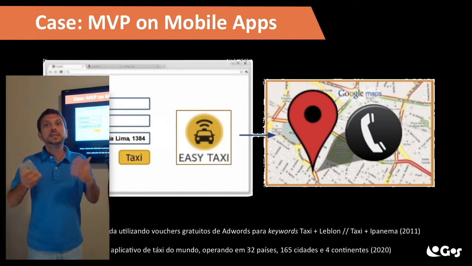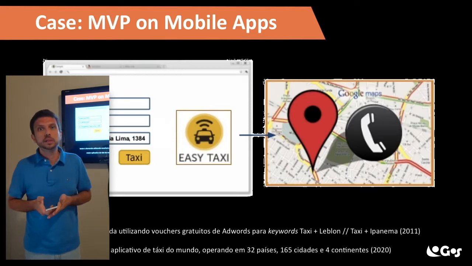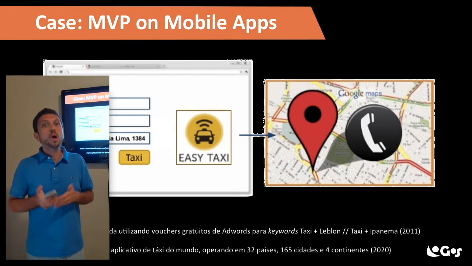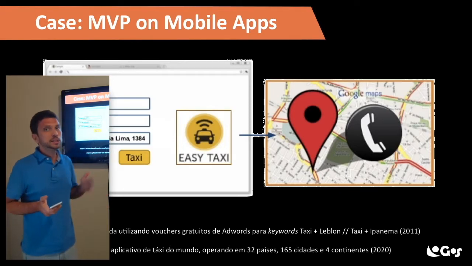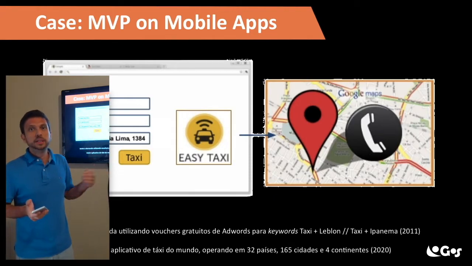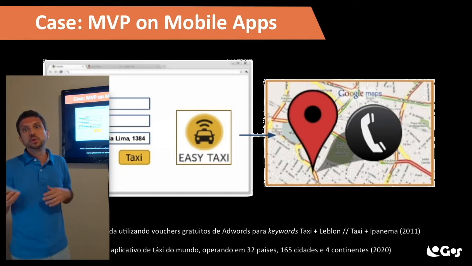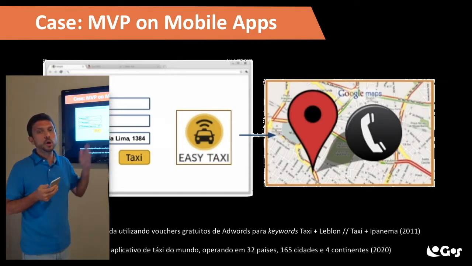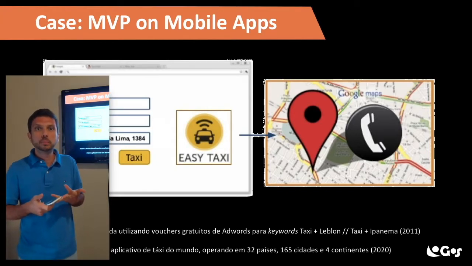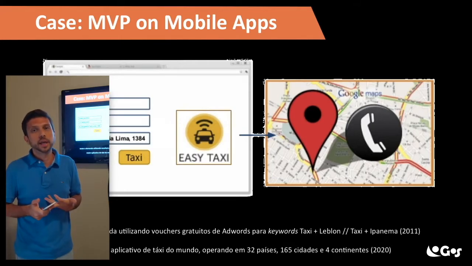They knew they needed to evaluate the concept first. So they didn't develop an app. They just created a simple web form that you could access through the mobile phone or the computer, and just put your name, your mobile number, and the address where you wanted the cab.